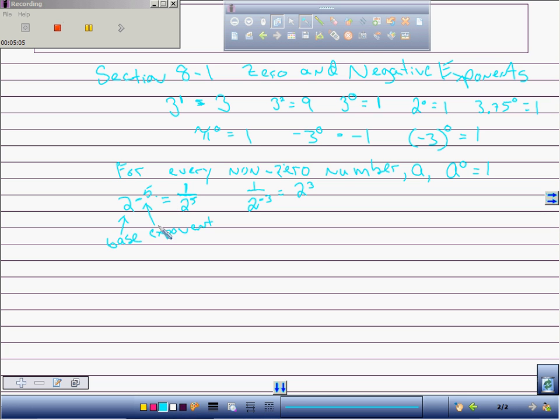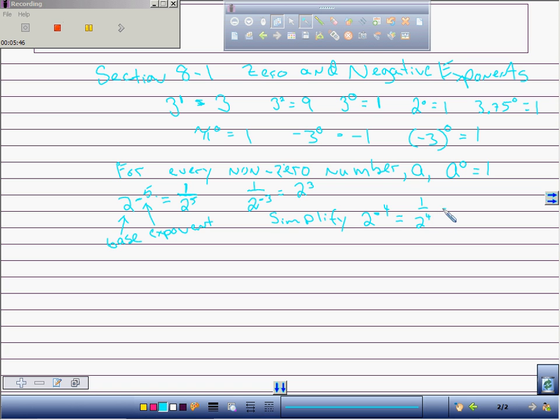Okay? So they'll say something like simplify. You must really take care of those negative exponents before you do anything else, because we don't want to feel negative. So we're going to write this as what? 1 over 2 to the 4th.